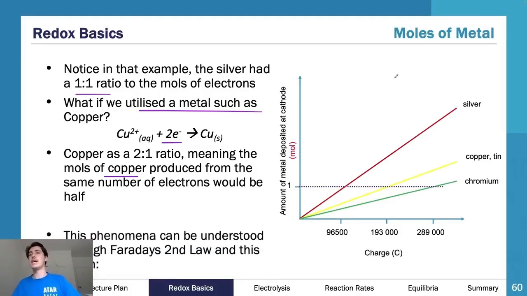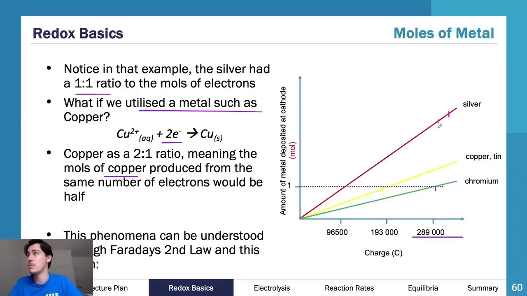This graph shows that through Faraday's second law, we can visualize that if I apply the same charge, the same current for the same amount of time, then with silver I'm going to get more moles deposited than if I had copper. So if I applied 3 Faradays, or 289,000 coulombs of charge, I'll get 1 mole of chromium for every 3 moles of silver.